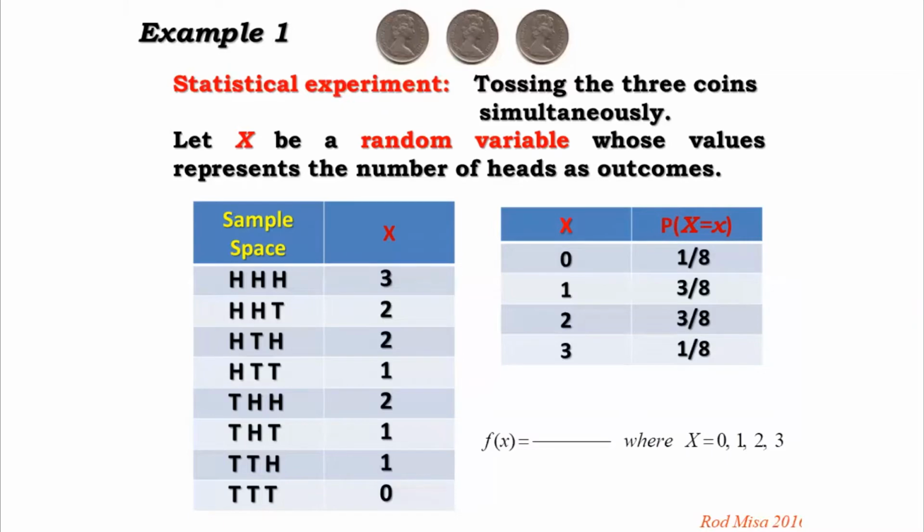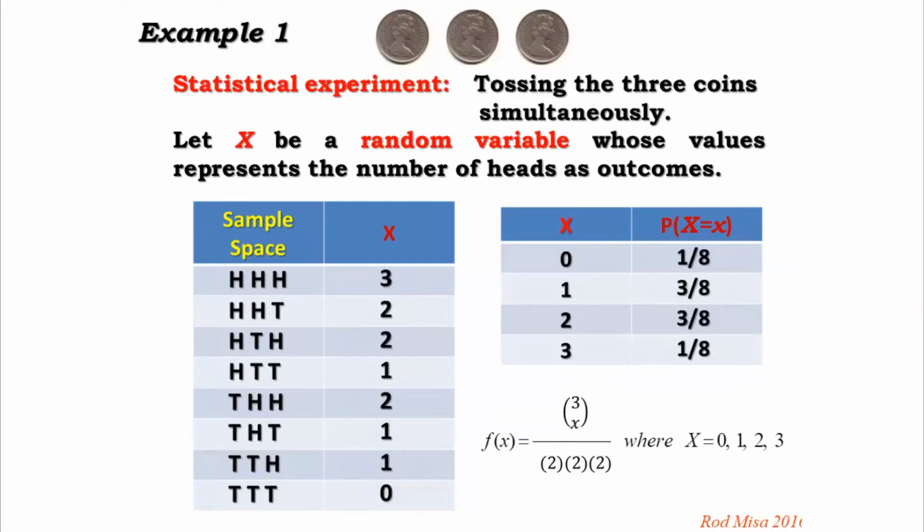And our function can be constructed as the combination of 3 taken x at a time, where the denominator is a product of the 3 2's there. And why 3 2's? Because you have 3 coins that are independent of each other, and each coin can result in 2 ways, as head or tail.